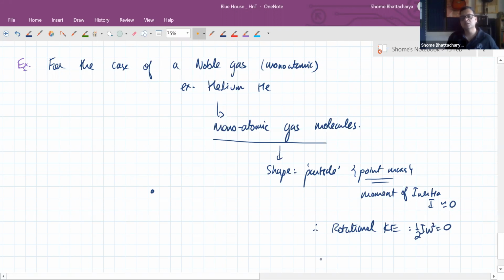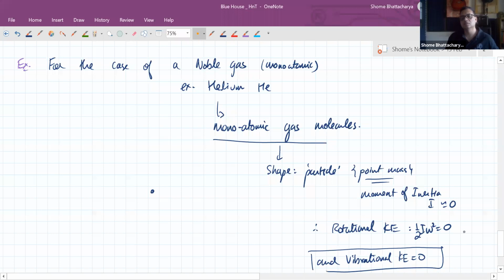Okay, and obviously, vibrational kinetic energy is also not there because it's just a single particle. What will it vibrate about? That's also zero. So the only type of kinetic energy this has is the translational kinetic energy, because the rotational and vibrational are zero.